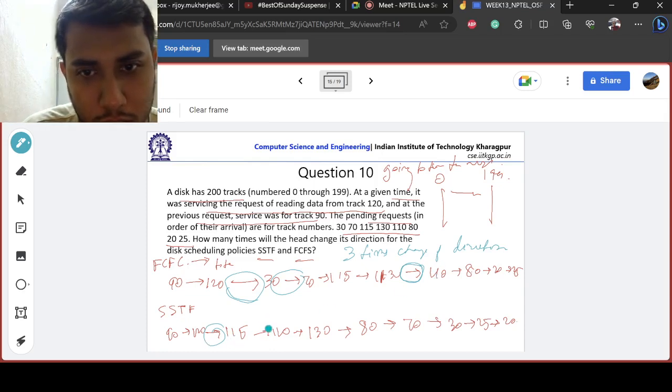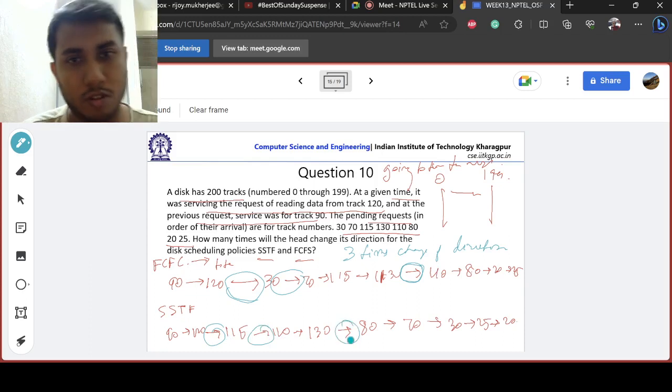This is one change. This is one change. And this is one change. So there are three changes here. Three times change of direction.